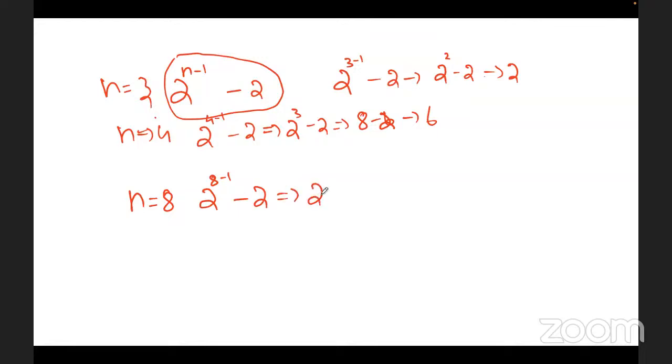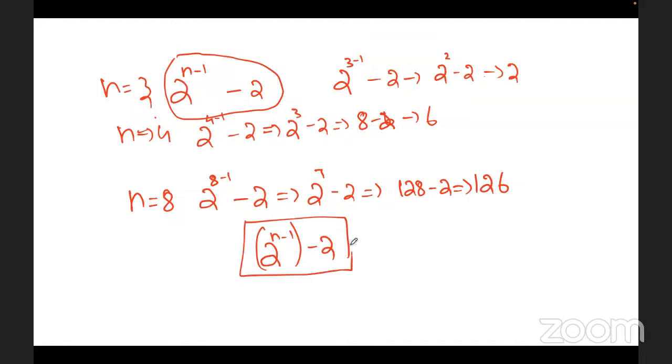That means 2 power 7 minus 2. 2 power 7 is 128, minus 2 is 126. So it would be easy, right? 2 power n minus 1 minus 2. That's it. This is the solution.